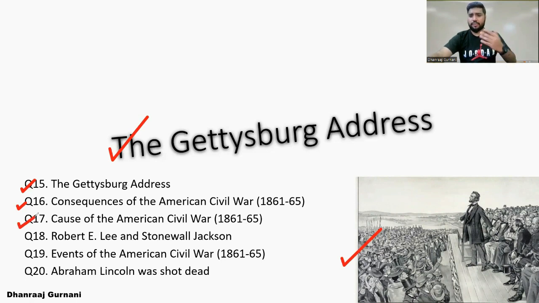Question 17, you have already done question 17, the cause of the American Civil War. You learn about 2 leaders, Robert Lee and Stonewall Jackson. Question 18. Question 19, events of the American Civil War. And finally, how did Abraham Lincoln die? He was shot dead.